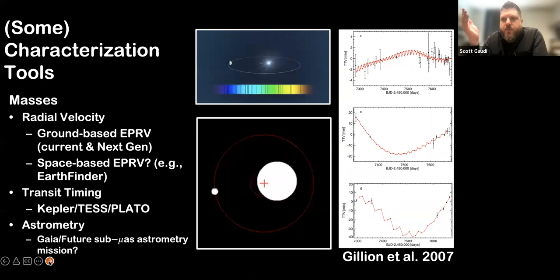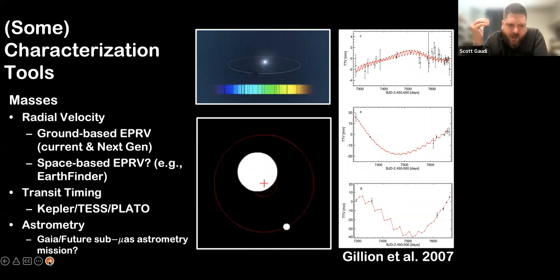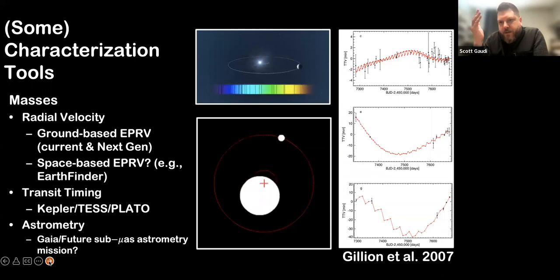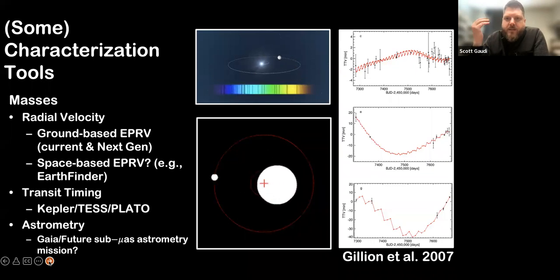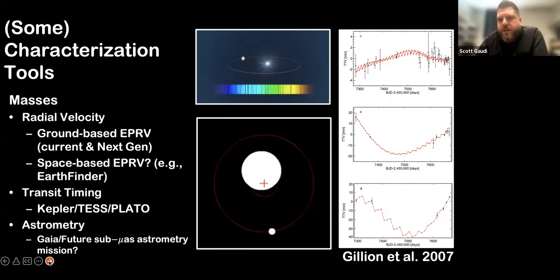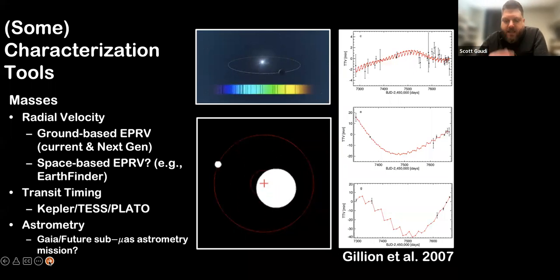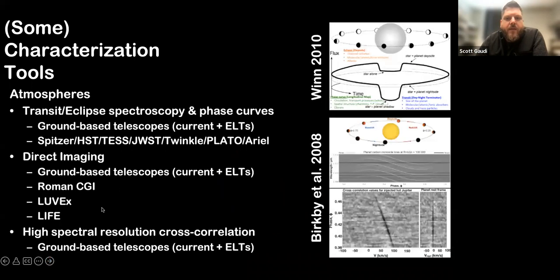We'll get a lot more of those with PLATO, for example. And I'm not mentioning microlensing here, but microlensing can actually measure masses of individual planets as well. But those are generally not going to be nearby, and they're not systems that we're going to characterize in great detail.